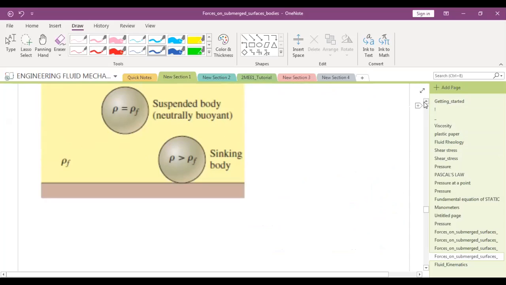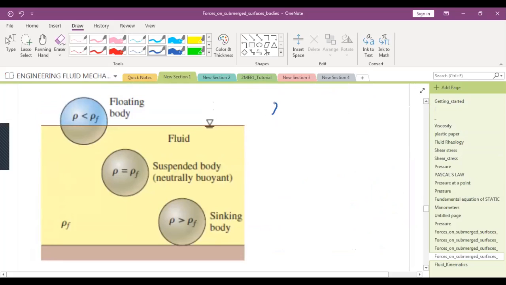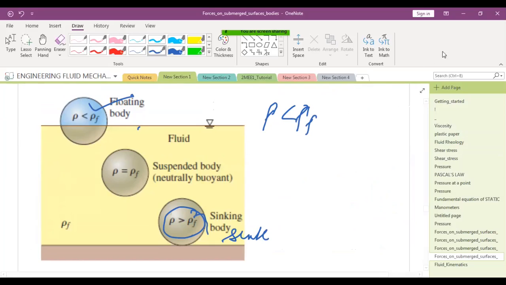So a closely related concept which you have asked is this. तो अगर density material की less than fluid है, so it will float. If it is greater than fluid, it will sink. तो इसका मतलब क्या हुआ? buoyant force sufficient नहीं है उस चीज को यहां पे सस्पेंड करने के लिए। यानी क्लियर है?